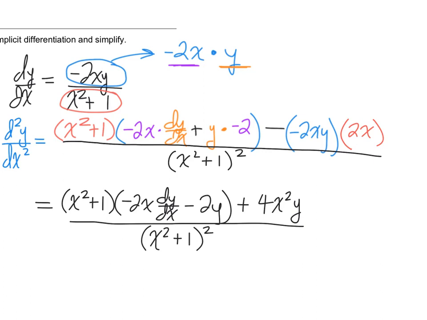I need to replace this guy here. So what is dy dx equivalent to? Negative 2xy over x squared plus 1. We know that because it's written right here. So dy dx is the same as negative 2xy over x squared plus 1.